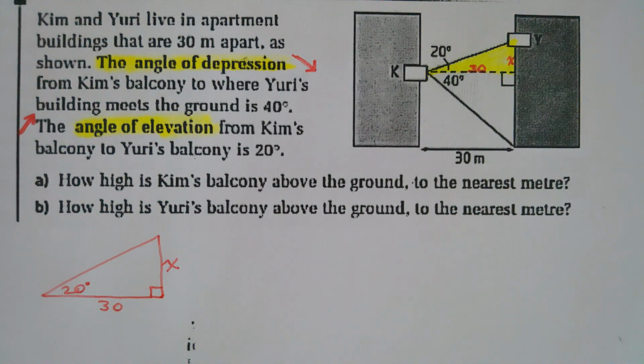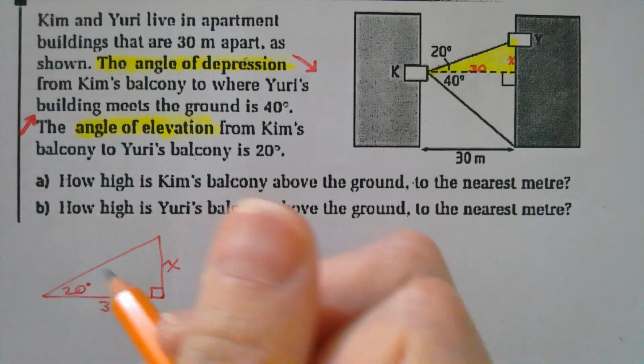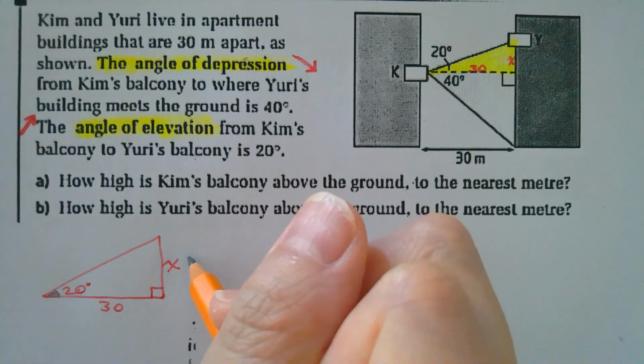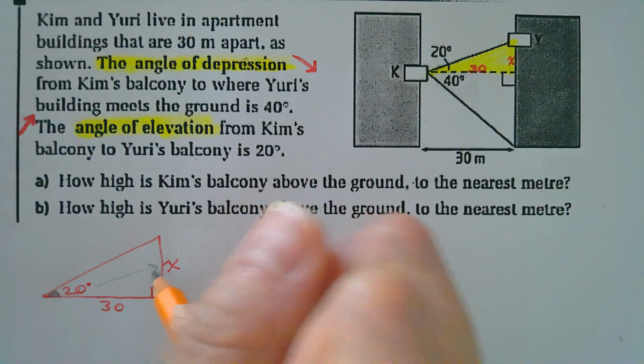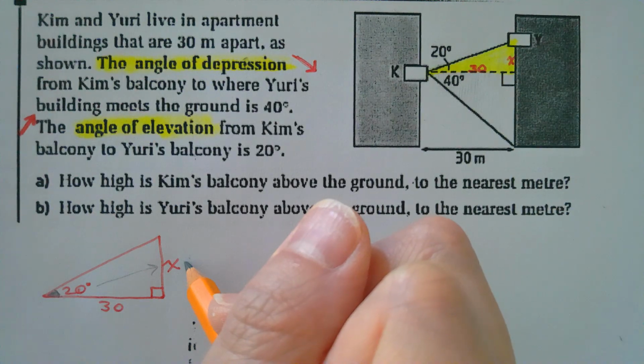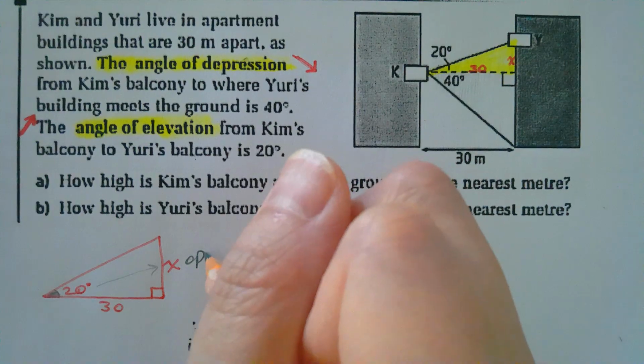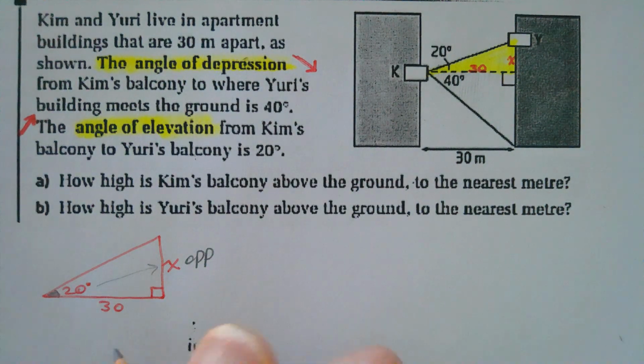Leandro, help me label. This is my angle. So this side is? It's right across from it. Oh, right, opposite. Okay, what about this side then?